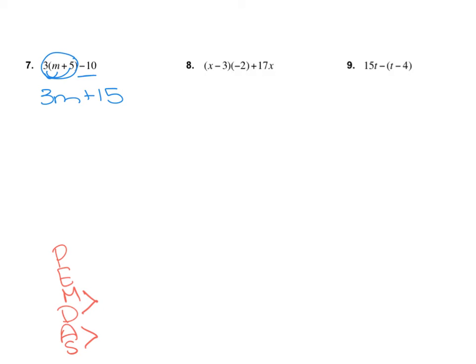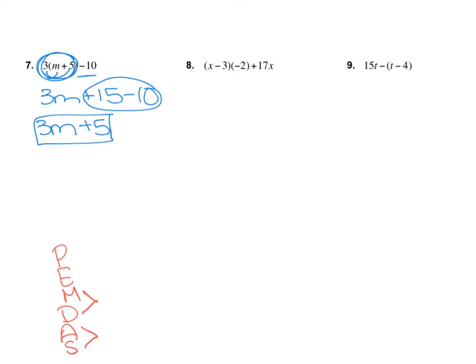This is the only part that gets multiplied, and now I'm just going to write down my negative 10. All right, I can still simplify. These right here are like terms, so I'm going to have my 3m, and then positive 15 minus 10 gives me a positive 5.